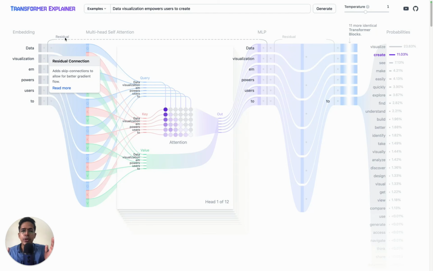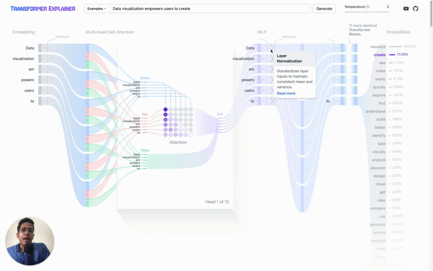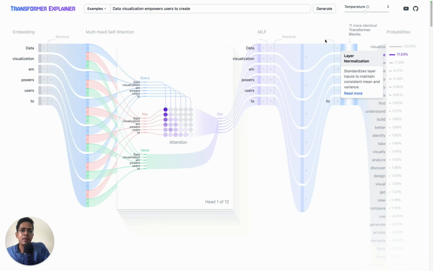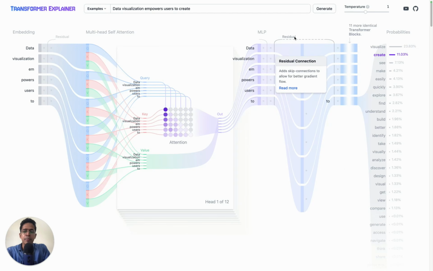But I don't want to go into the details because that will be out of the scope of this lecture, where I'm trying to oversimplify things, not overcomplicate. And here is where the upscaling and downscaling happens in the multi-layer perceptron. Here also there is a similar residual connection, but just ignore it.